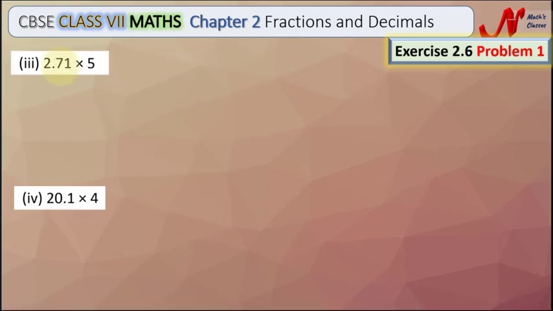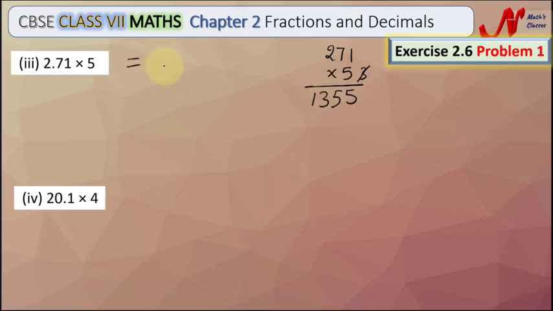Now we find the product of 2.71 into 5. To find this one, first we multiply 271 with 5. 5 ones are 5, 5 sevens are 35, 5 twos are 10, 10 plus 3 is 13.